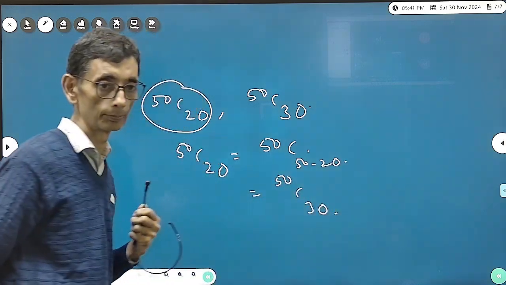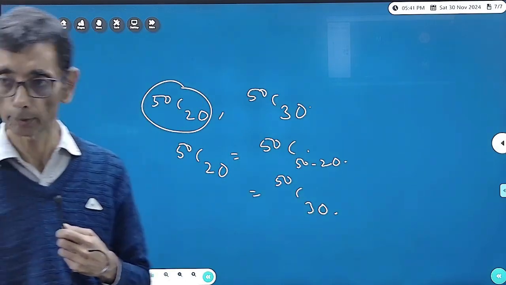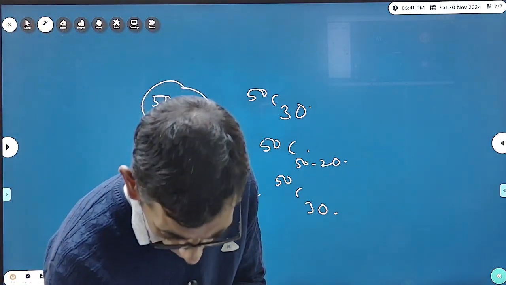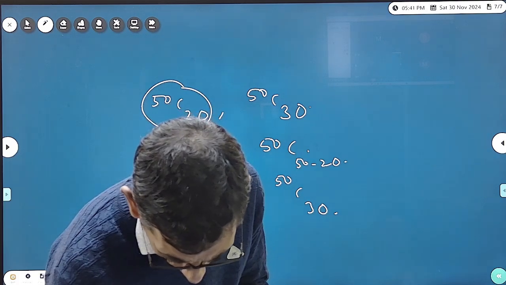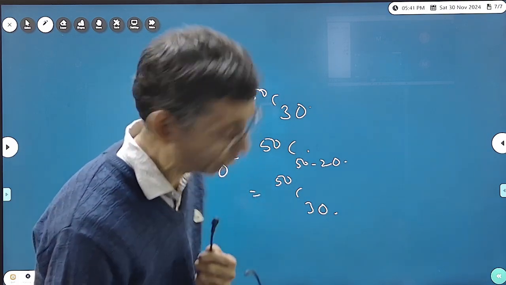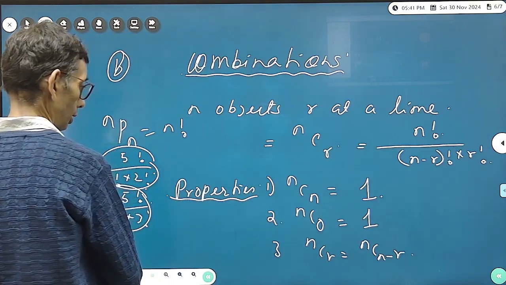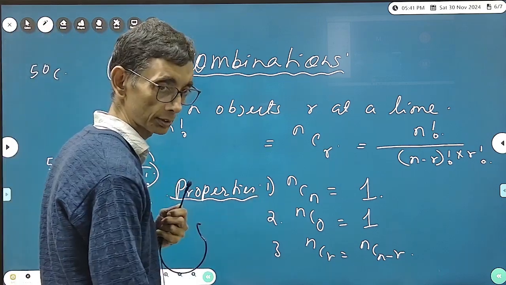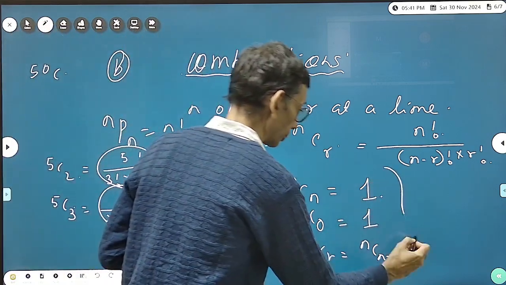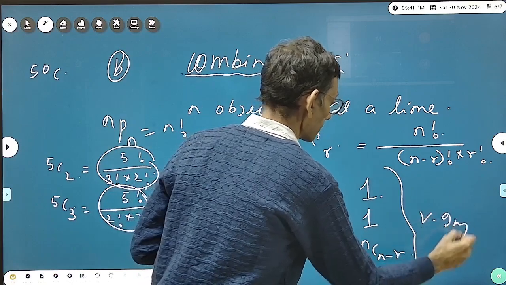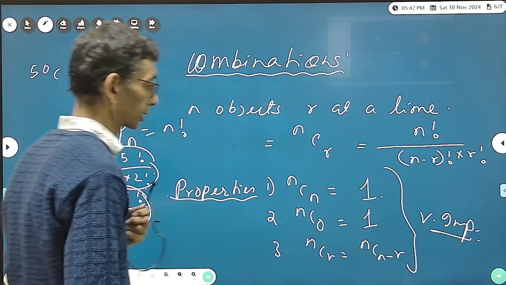Always the same. Right? Okay. These three properties are very important, and are often written in MCQs. All are very important.